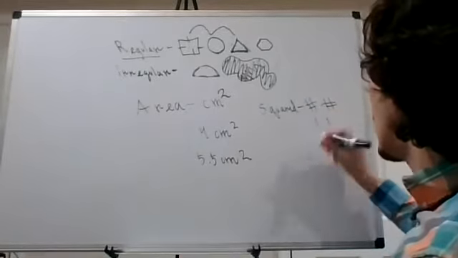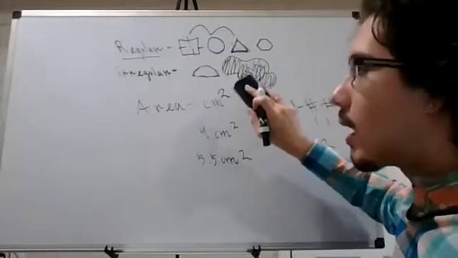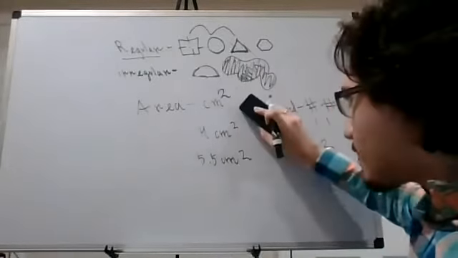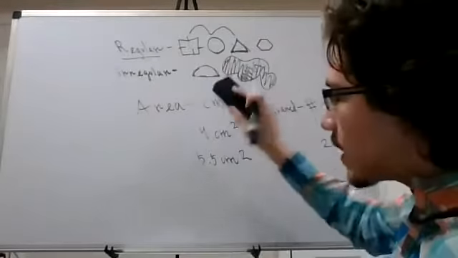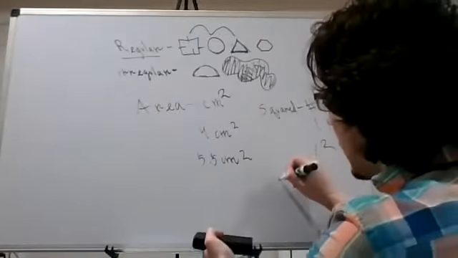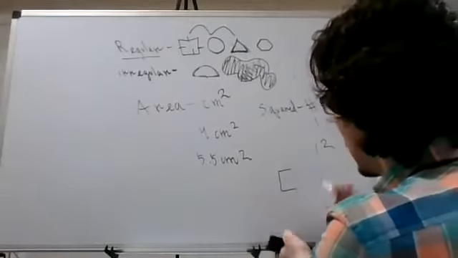So 1 times 1 would be 1 squared. A centimeter squared, or as we would call it, a square centimeter, means that it is 1 centimeter by 1 centimeter. So when we say it's squared, it's literally square.